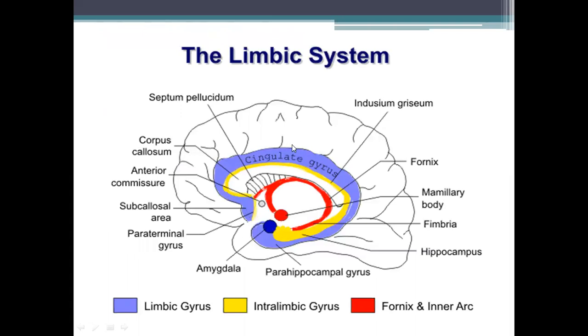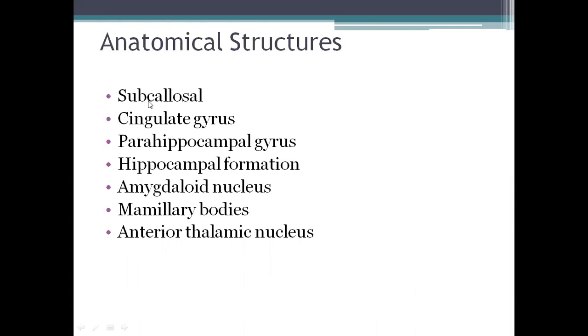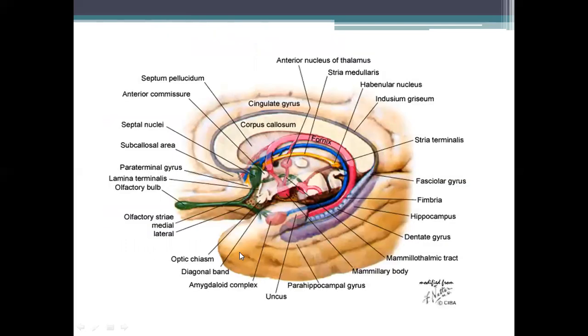Whatever has been shown here in blue color is the limbic gyrus. The one shown in yellow color is the intralimbic gyrus. And in red color, we have the fornix and inner arch. All these are components of the limbic system. It includes the subcallosal gyrus, cingulate gyrus, parahippocampal gyrus, hippocampal formation, amygdaloid nucleus, mammillary bodies and anterior thalamic nucleus.